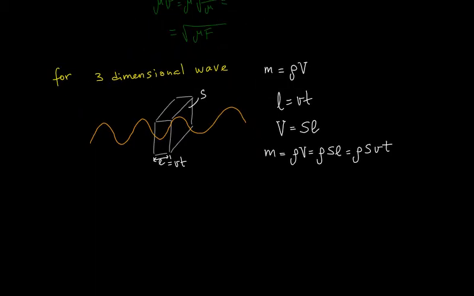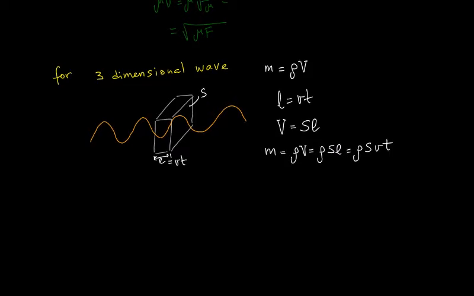Now, to find the average power of the three-dimensional wave, let's write the energy. We know that the average power equals energy per time. Let's see if we can find the energy of a three-dimensional wave. We know that the energy equals 1/2 mu omega squared a squared lambda.